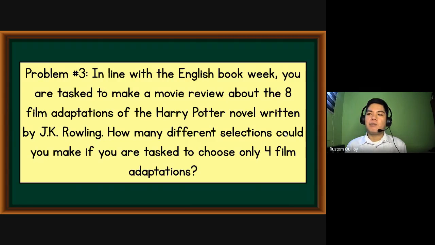Tapos pinagbalik-baliktad mo, inuna mo yung 6, inuna mo yung 2, followed by 8, followed by 4. Kahit pagbalik-baliktarin mo, yung questions pa rin na yun ang sasagutan mo. Kagaya po yan dito sa problem number 3. 8 ang N, ang R ay 4.